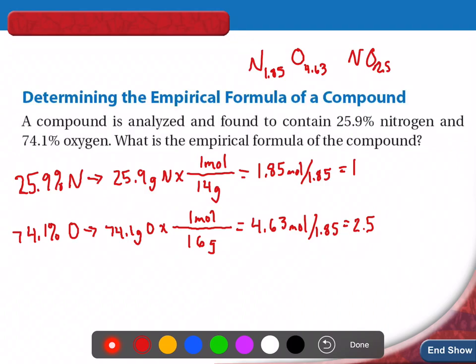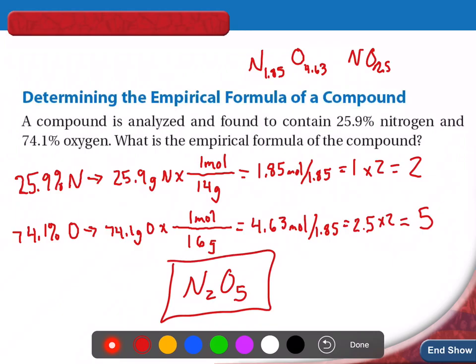So to get the whole number, what we're going to do is multiply them both by 2. And that's going to give us 2 here and 5 here. So you got N2O5. You see how that can't be divided down any further? You can't divide it by 2 or anything like that. Can't simplify it. Think of it almost as a fraction, 2/5. You can't simplify that any further. So this would be the empirical formula of the compound.